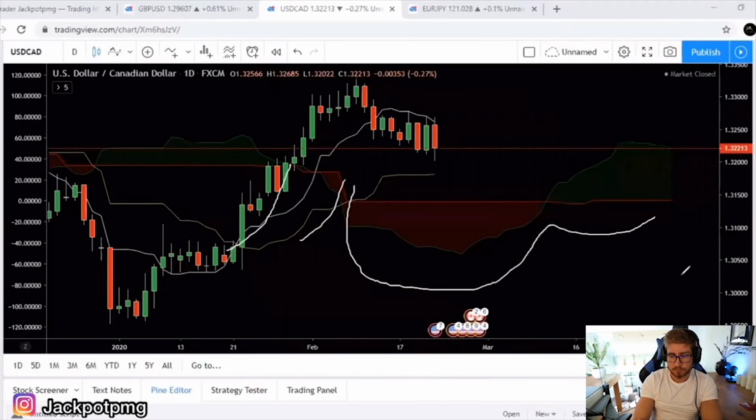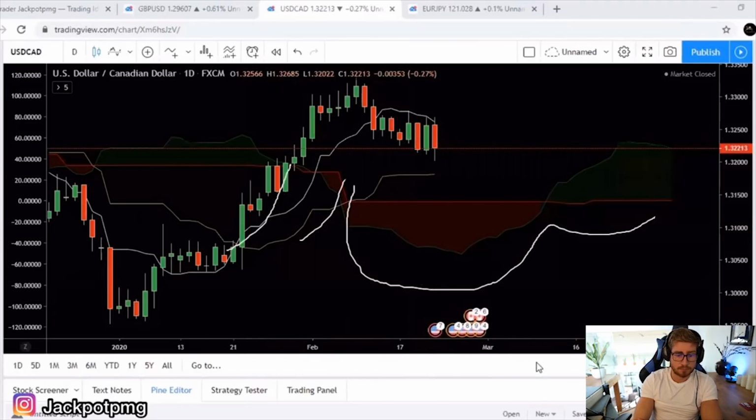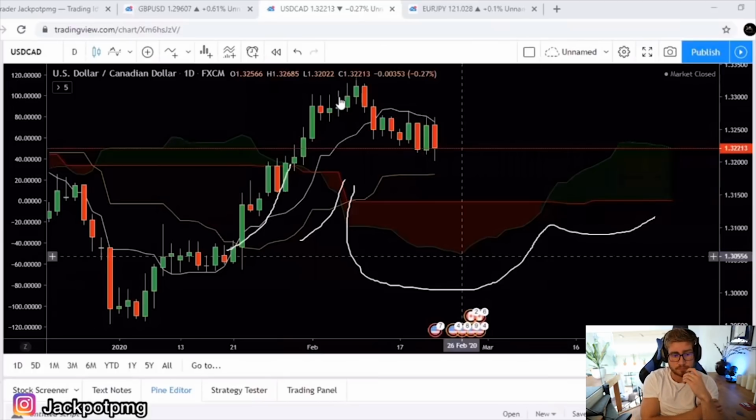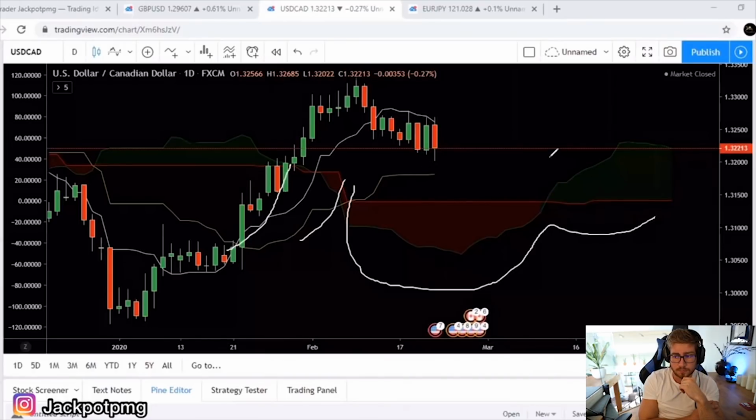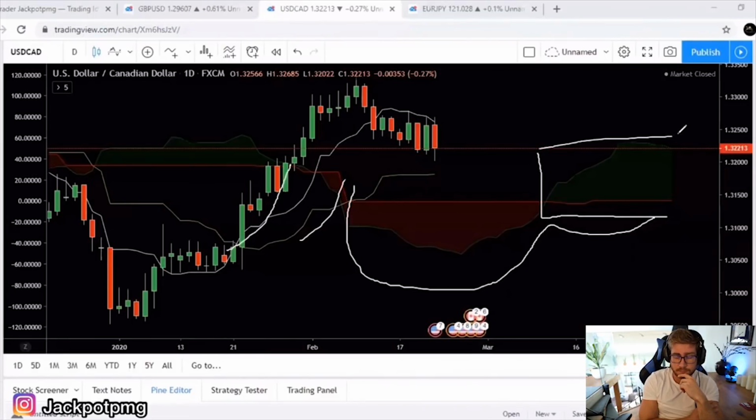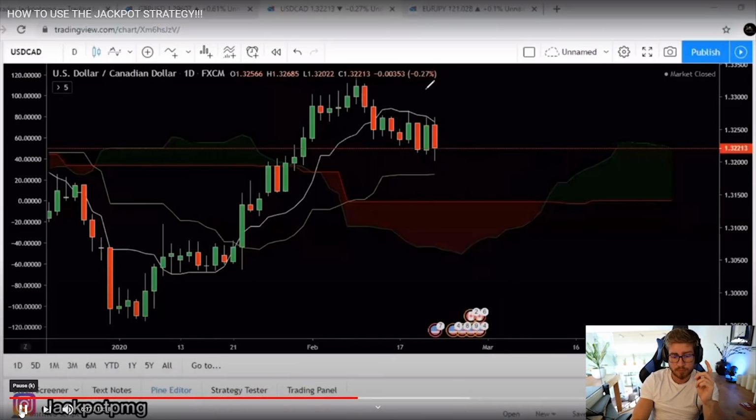And not only that, right? Price is above the cloud and everything, but it also changed color to green right here. You see that? The daily time frame is giving you an indication. So that's really strong.